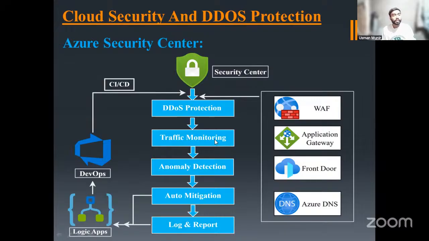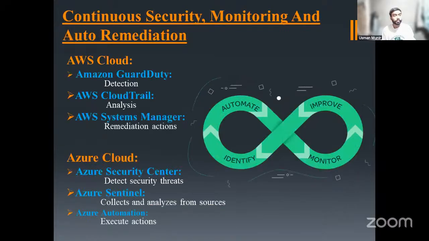It monitors traffic with Azure Monitor, and when an anomaly or any misbehavior is detected, automation comes in. It works by using runbooks or some scripts, creates logs and reports, and triggers Logic Apps, a service for alerts. It alerts DevOps or the CI/CD pipeline, then continuous integration and auto mitigation.